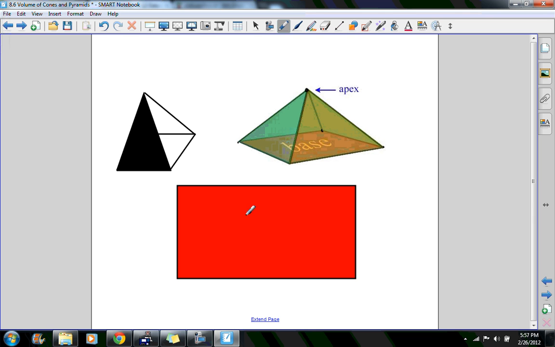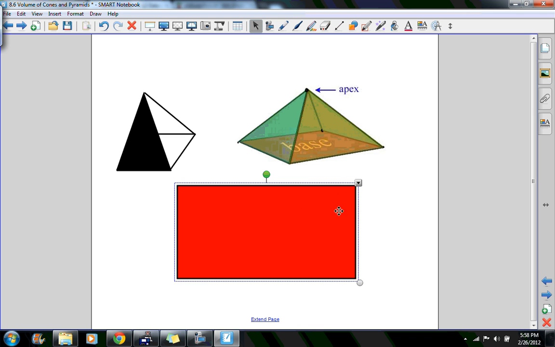Now, if you look at this figure, this front side here is like the front of a triangle, and then there are 4 of them that should be identical to each other. Well, they'll be identical if the bottom's a square. If it's a rectangle, there'll be 2 of each. I'll show you in a little bit. But the bottom here is going to be a base of a rectangle. So you'll have a rectangle base and then triangles on each side.